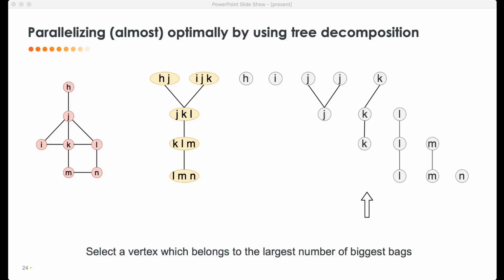Every variable of the original graph has a connected subtree in the tree graph, and hence the tree is just a sum of subtrees of individual variables. We can then pick variables which contribute to the largest number of the largest bags in the tree decomposition. And basically this is the idea of the heuristic.